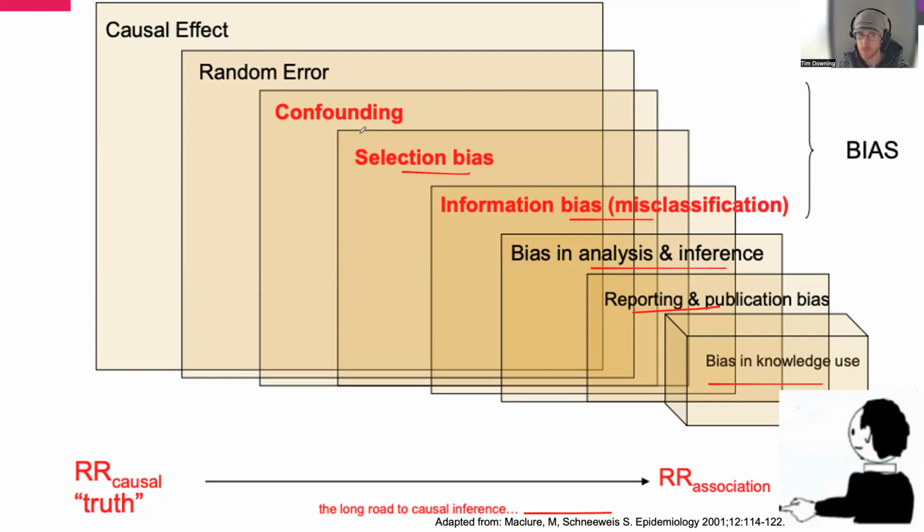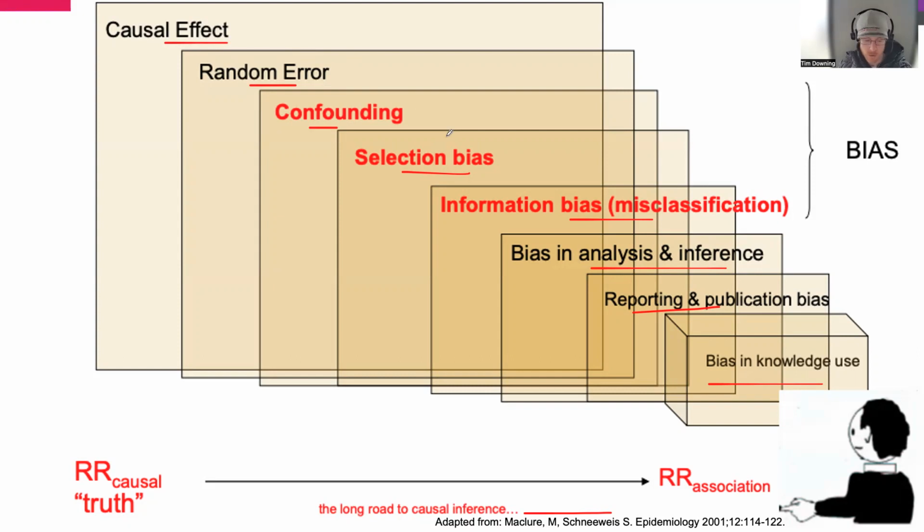That might bias our data. We might have confounders here where we're assuming X causes Z, whereas there's another variable Y that's causing both X and Z. And we think about random error and how that can affect our experiments too, and how that can mask the causal effects.